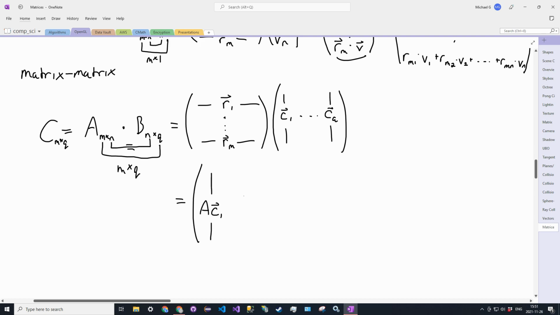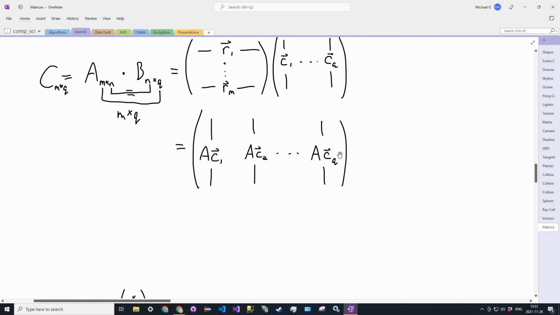And that's a matrix vector multiplication. And then we have A times C2 as the second column, all the way over to A times Cq, which is going to be the qth column, or the last column. So we see now that this result is going to have q columns.